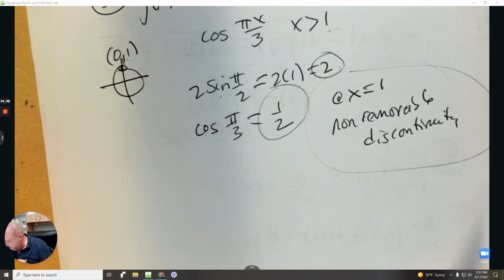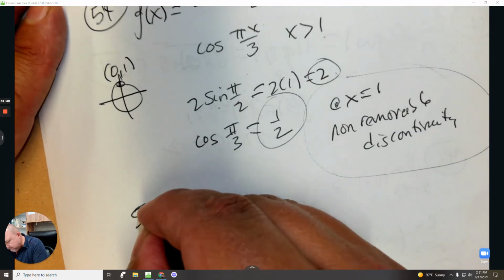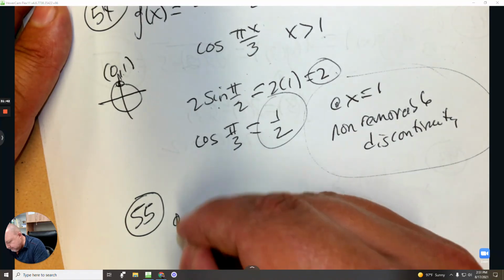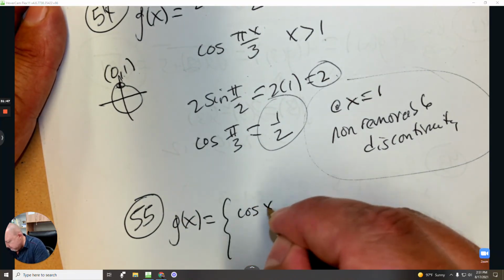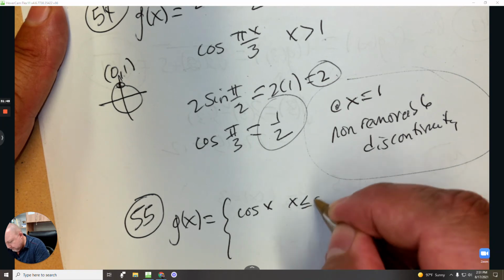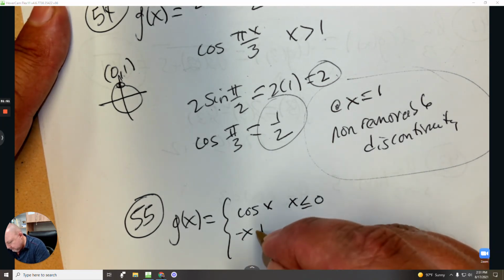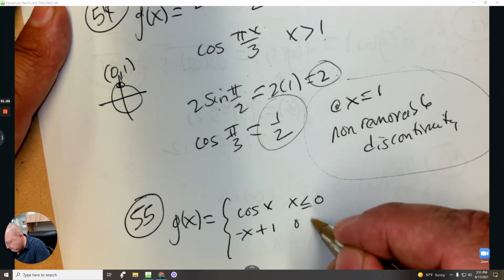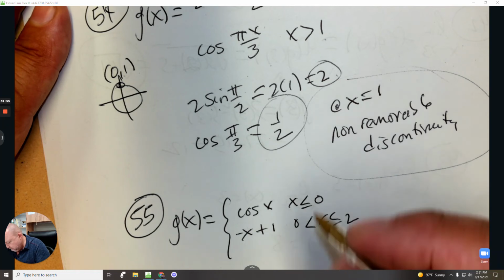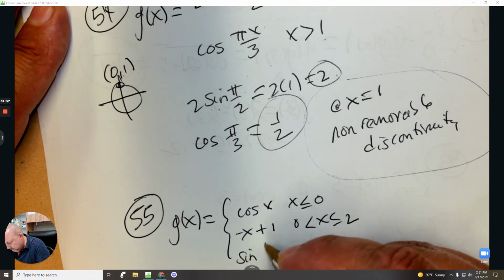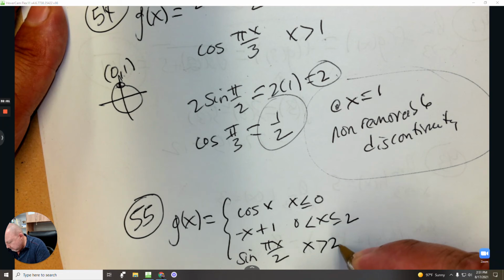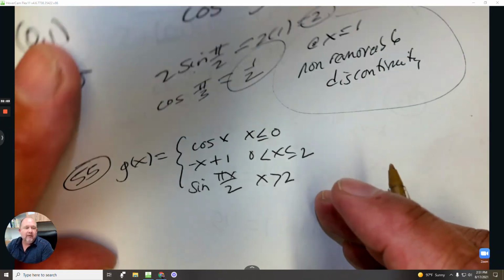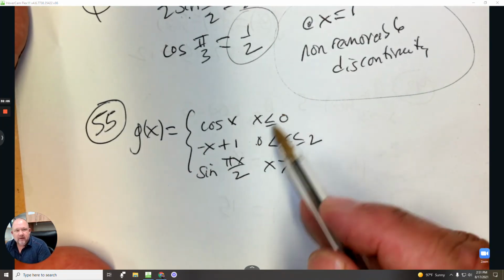55. So we have three pieces here. So we're going to look at 0 first.